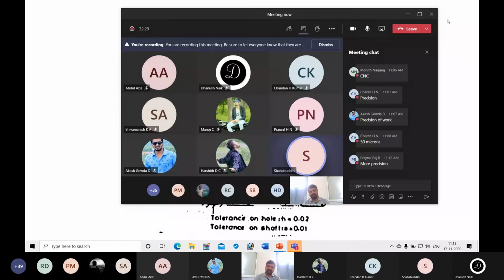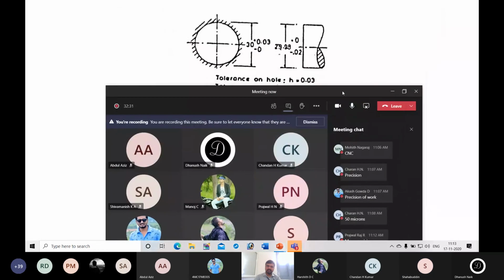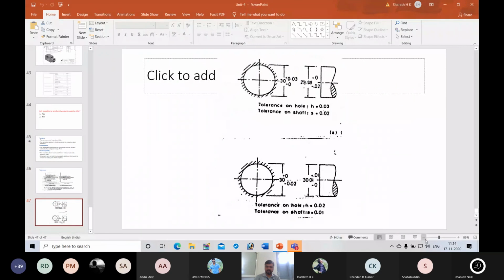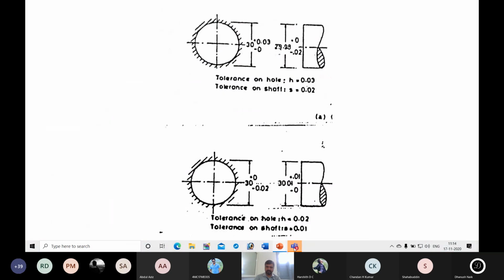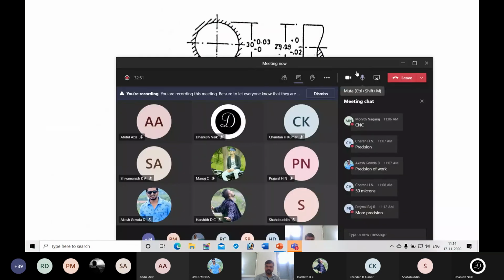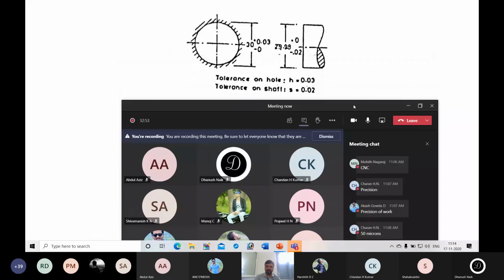So here, for this drawing, which type of fit is applicable? By looking at the dimensions and tolerance values, which type of fit are you going to achieve if you go for assembling the hole and shaft?